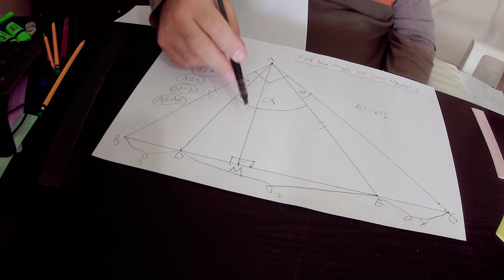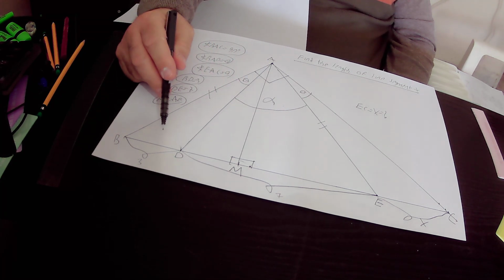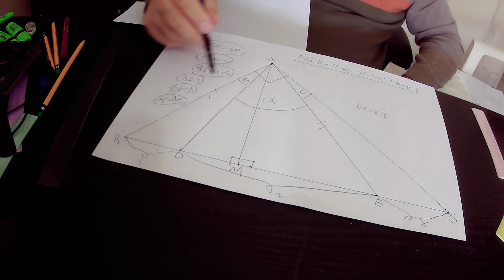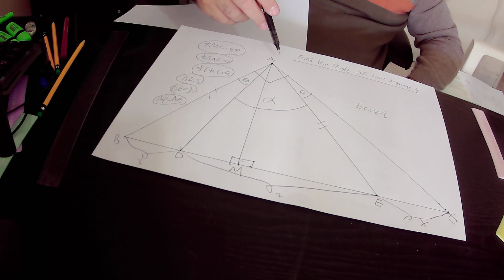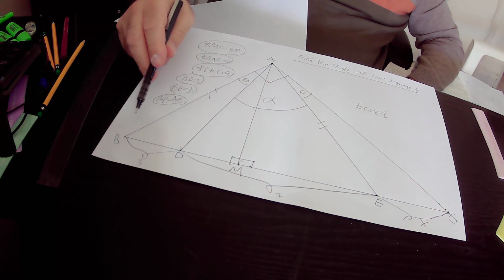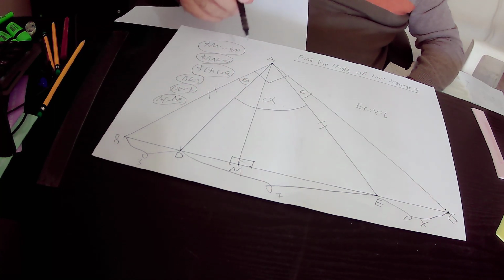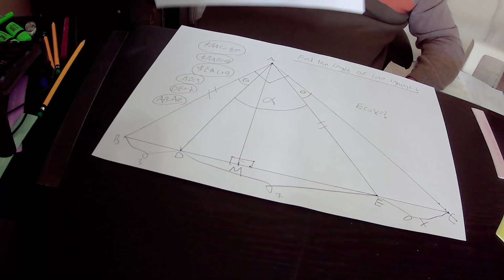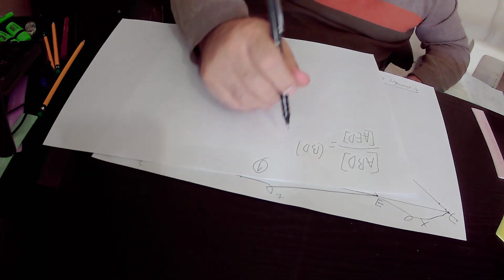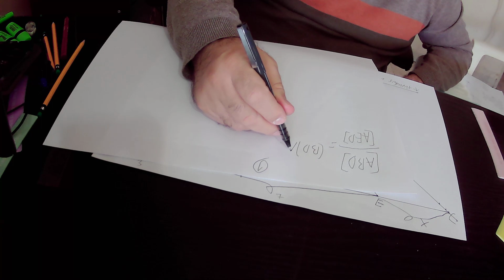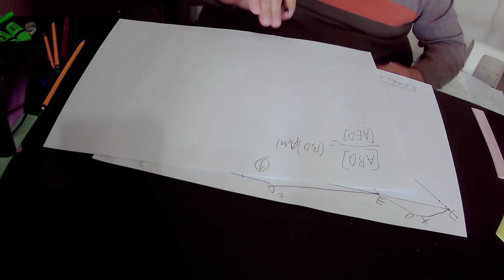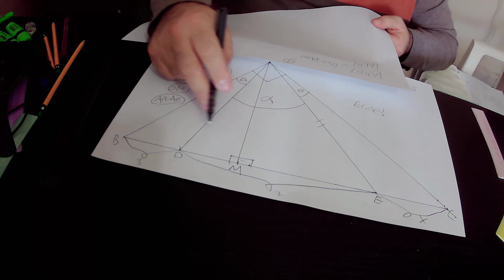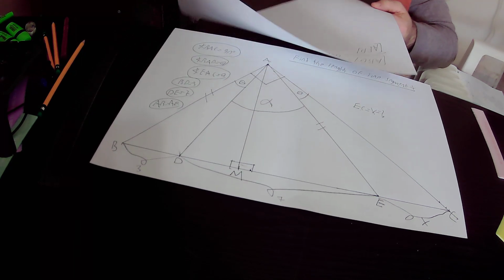The height must create 90 degrees with the base BD, and you can see from the drawing that line segment AM indeed creates 90 degrees with the base BD. So the height is AM, all divided by 2.